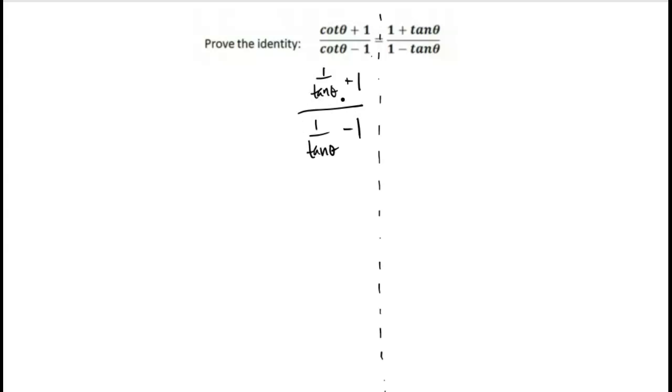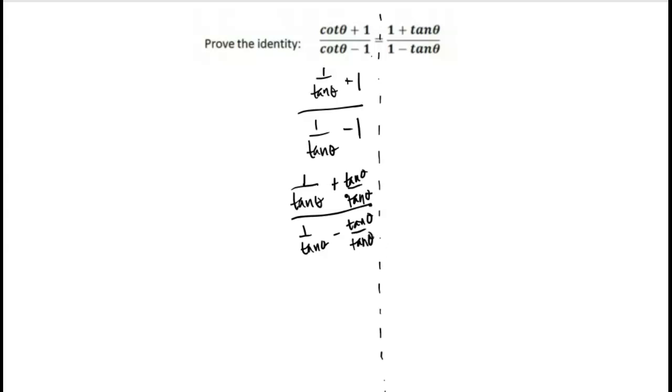So I need a common denominator of tangent for both of them actually, and I can rewrite the number 1 as tangent over tangent, because you can agree that if we reduce tangent over tangent, it's equal to just 1. So now I have on top 1 over tangent theta plus tangent over tangent. And on the bottom I have 1 over tangent minus tangent over tangent.